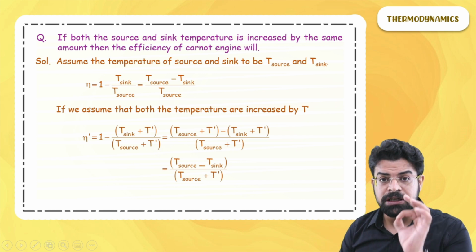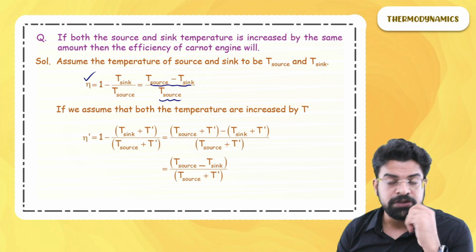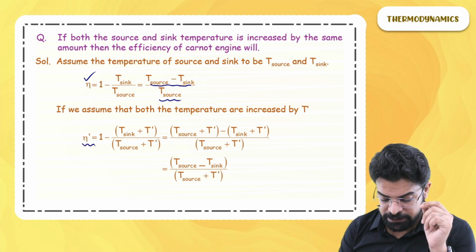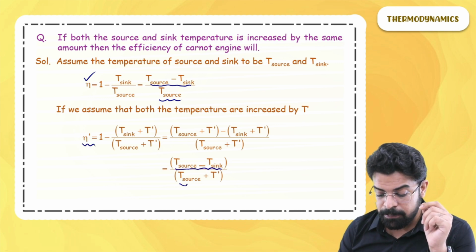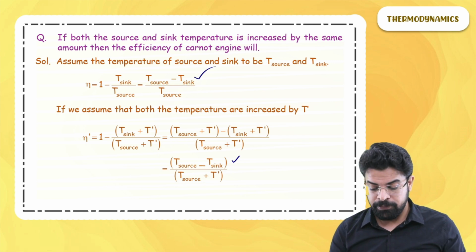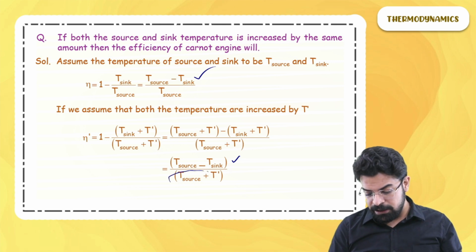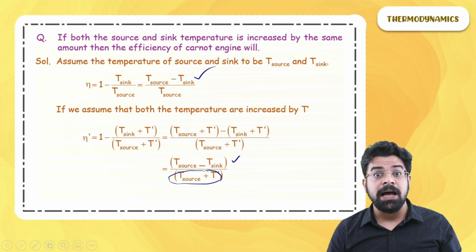So the original efficiency was T source minus T sink upon T source. The new efficiency is T source minus T sink upon T source plus T dash. So the numerator is the same, but on increasing the temperature by T dash, in the denominator you get an extra term of T dash added.